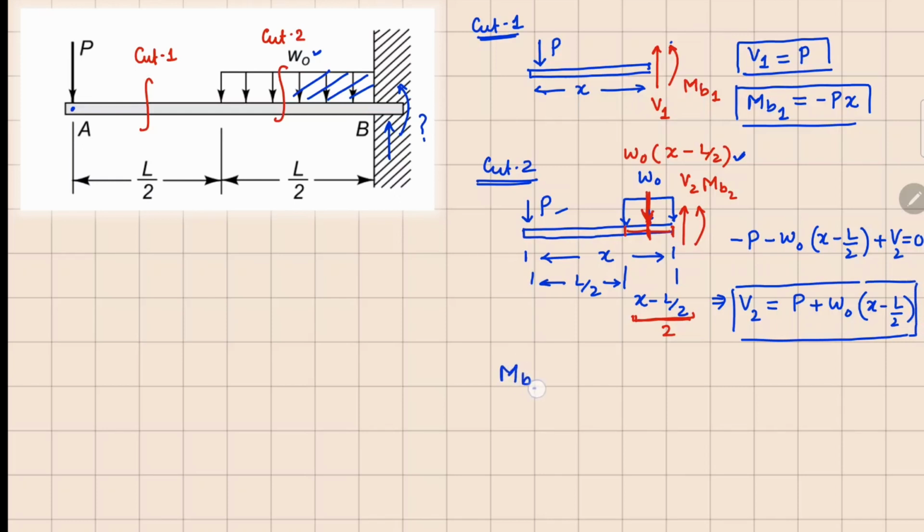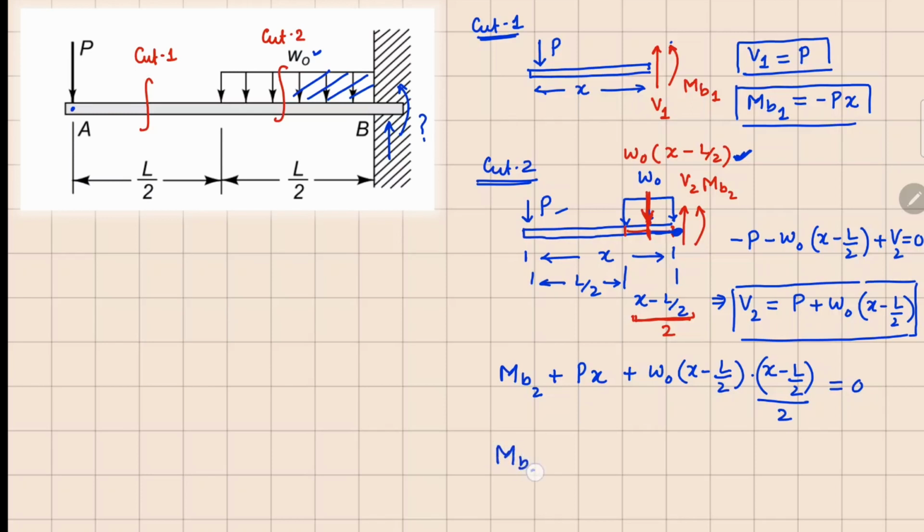Now if we do moment balance, we'll do about this point right here. Your MB2 is counterclockwise, so your P will also give you counterclockwise, sitting at a distance x from there, and your W0 times x minus L by 2, this is also counterclockwise, so plus W0 times x minus L over 2, that's the force, times this distance from here to here, which is again x minus L by 2 divided by 2, equals to 0.